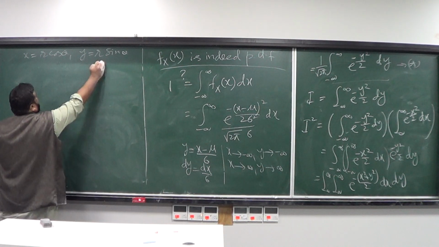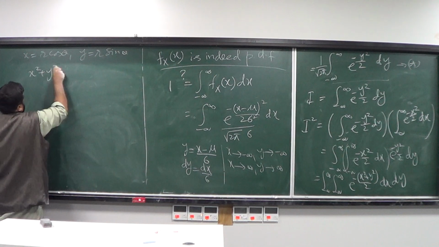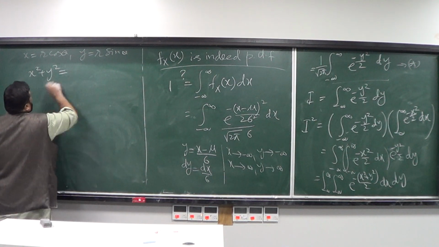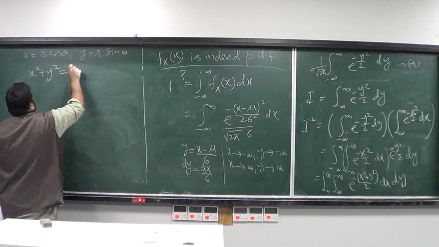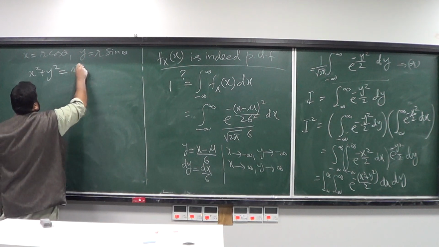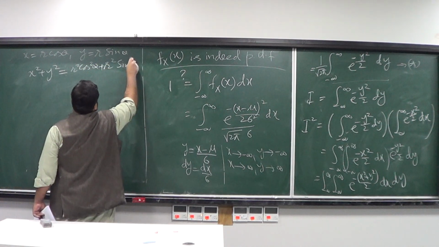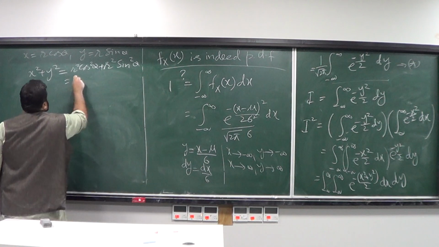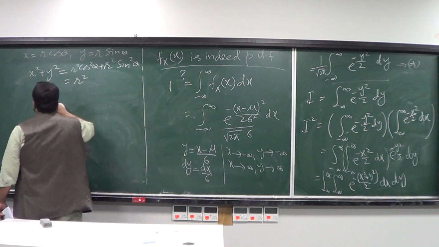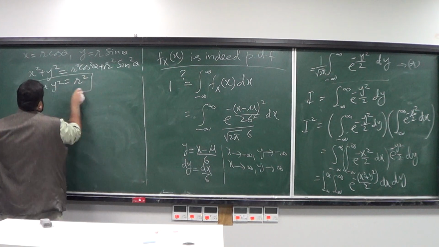Then I know that my x square plus y square is equal to r square cos square theta plus r square sin square theta, ठीक है? So it's going to be r square simply. So this is going to be x square plus y square equal to r square.